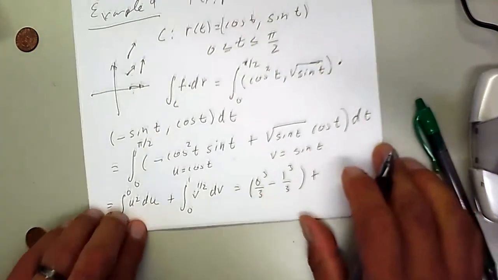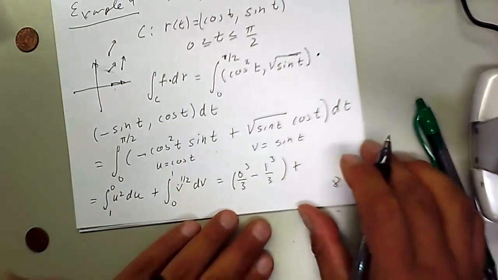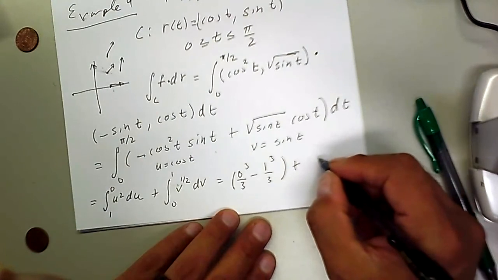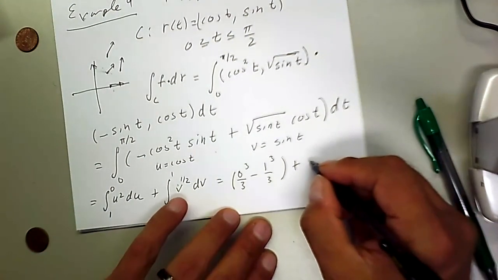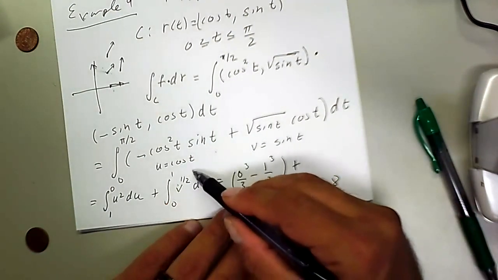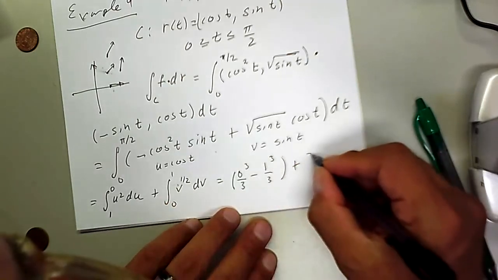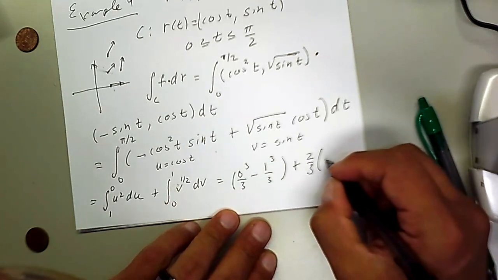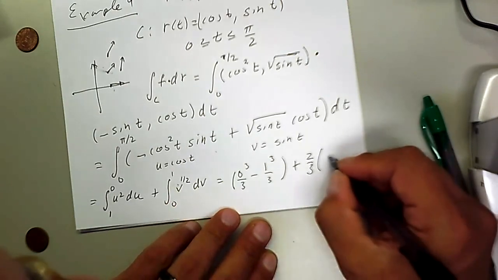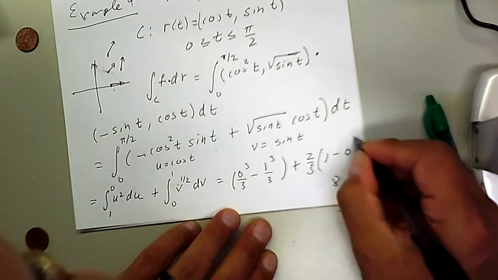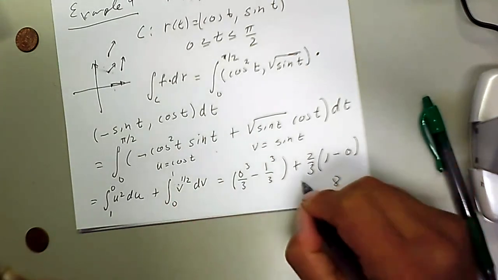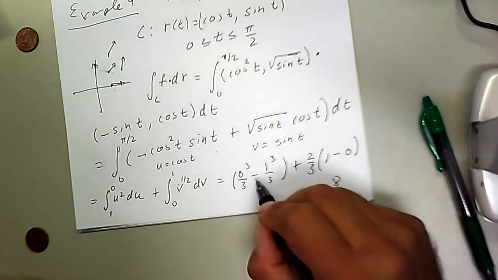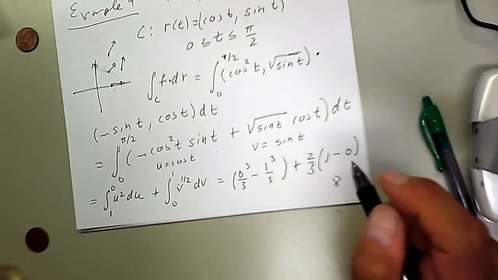Plus, maybe I won't be able to finish this on this page. So this is v to the 3/2 over 3/2, so 2/3 of, oh, I guess maybe we'll see. So 2/3 minus 1/3.